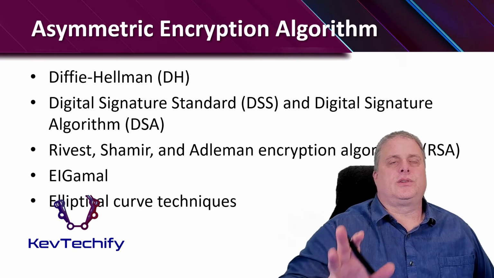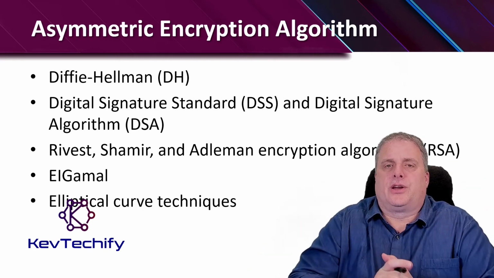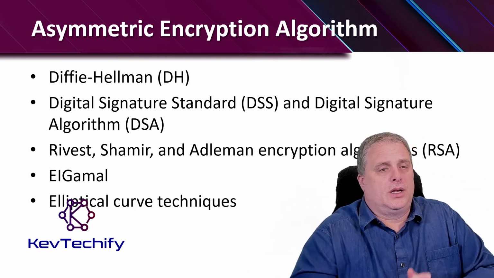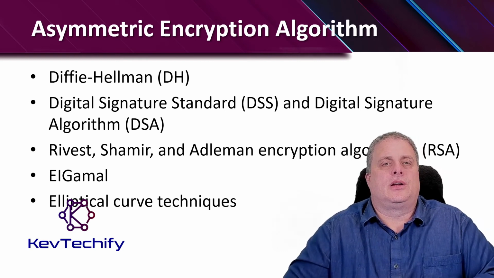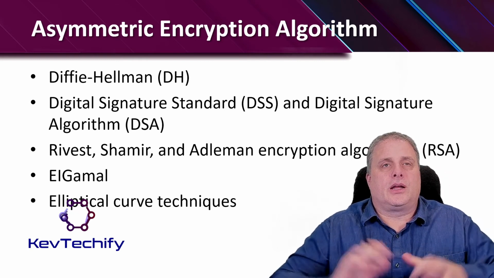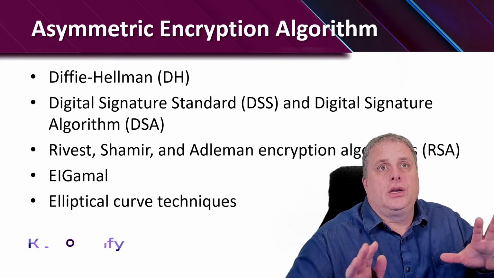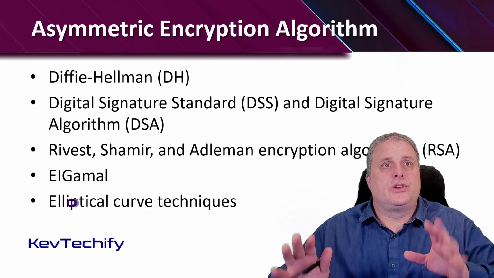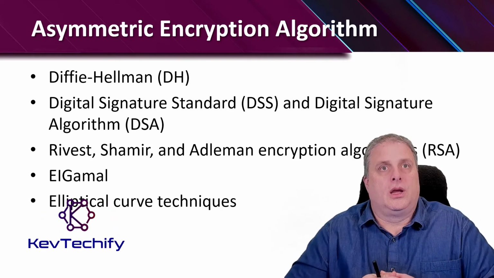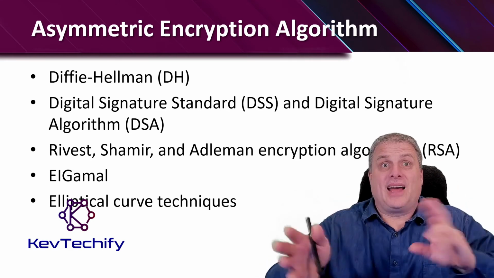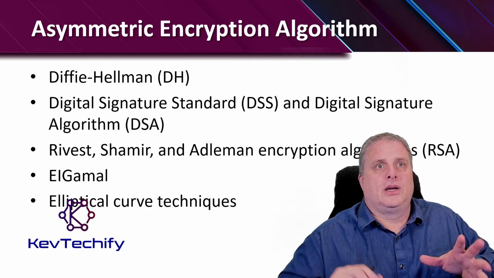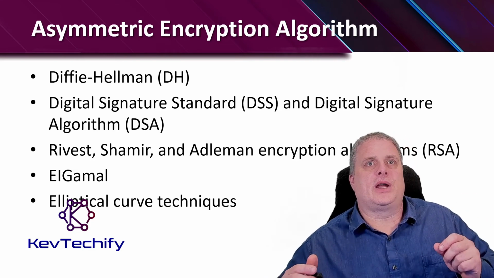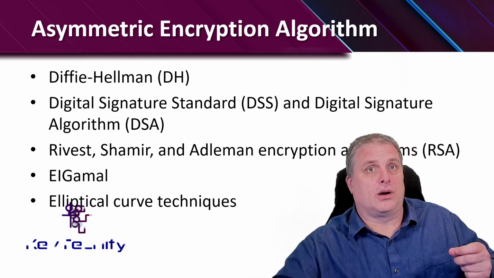There are several asymmetric encryption algorithms out there. By far the most popular is the Diffie-Hellman algorithm. It allows two parties to agree on a key that they can use to encrypt messages. So they're agreeing upon the key. Now, the security of this algorithm depends on the assumption that it's easy to raise a number to a certain power.